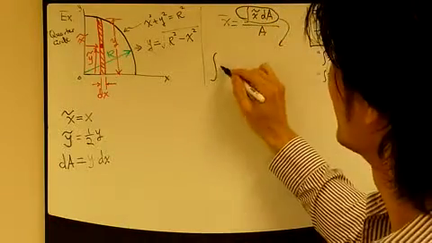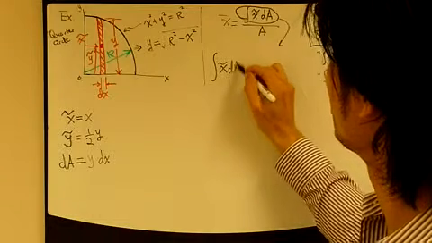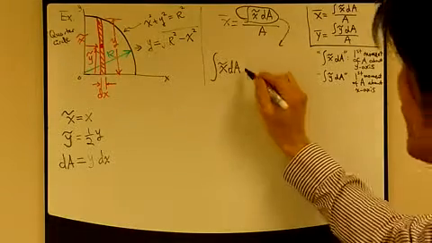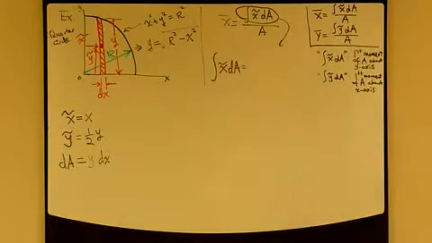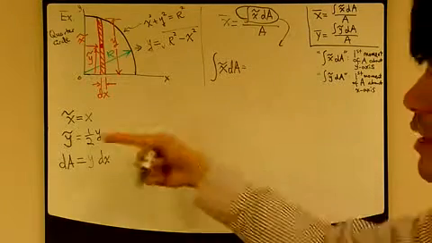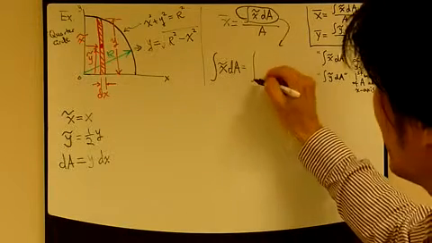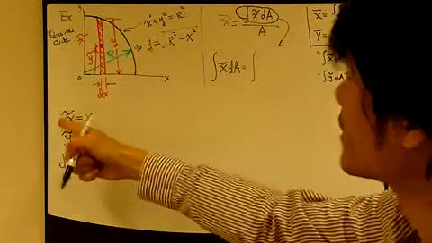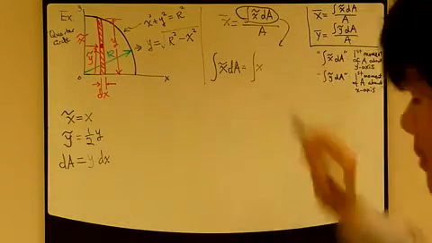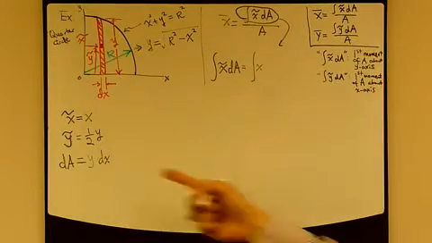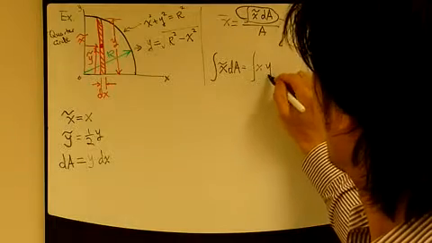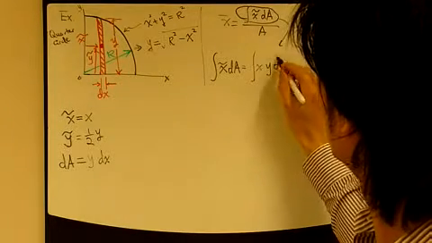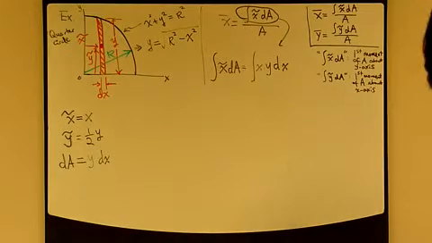So let's calculate this first moment. Replace everything in here: x tilde is x, dA is y dx. So far, no problem. Pretty straightforward.